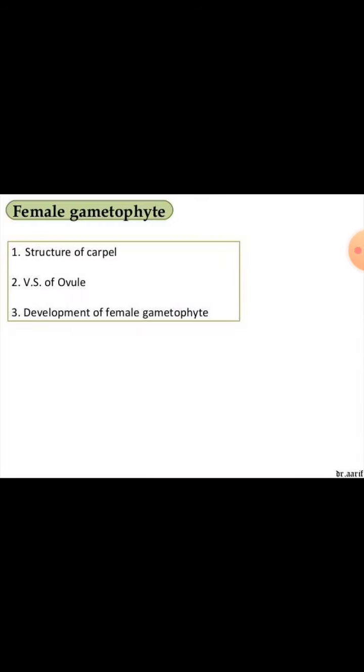Next is the structure of the ovule, also called the megasporangium. See the female gamete, the structure of the carpel and the ovule, and the development of the male and female gametes. The carpel is also called the megasporophyll.